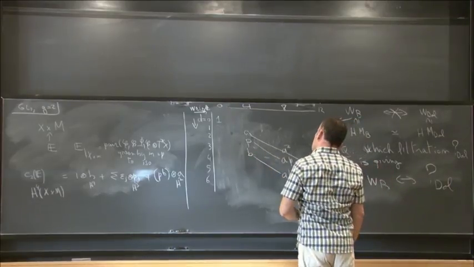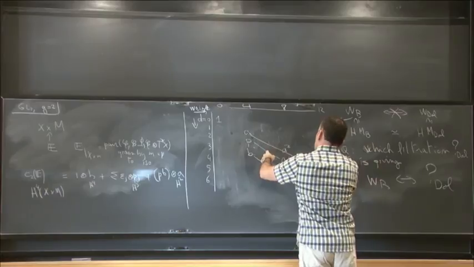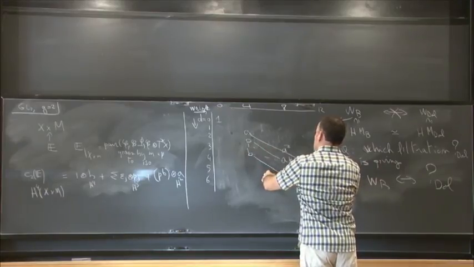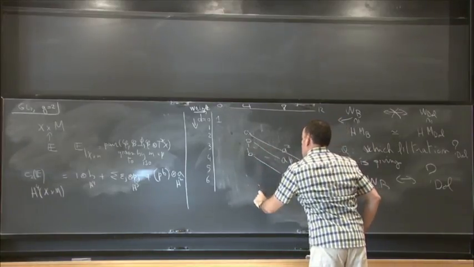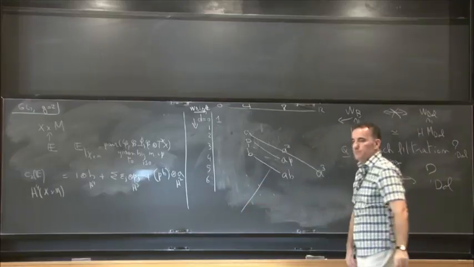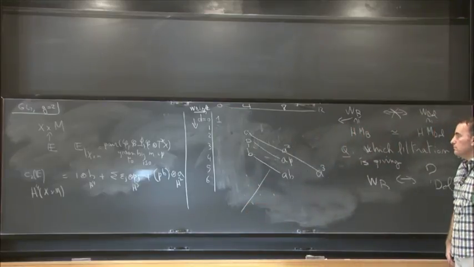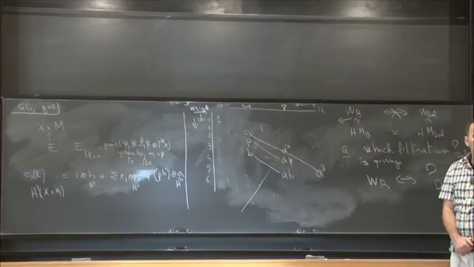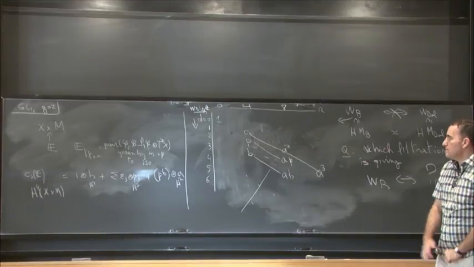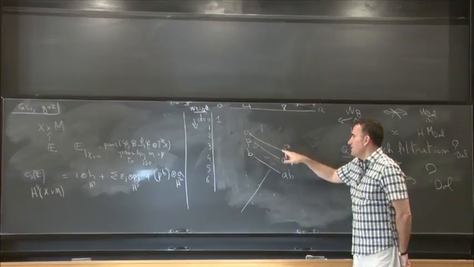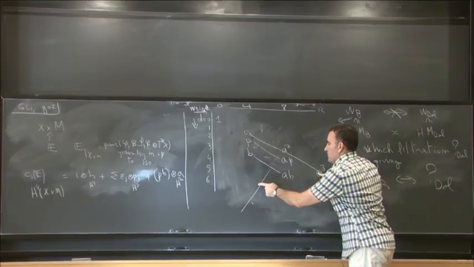If I did this right, I would have to move this by one place and this by one place. And if I do that, it would look like this. Does that make sense? So cupping with A gives me this string, which I wrote here.